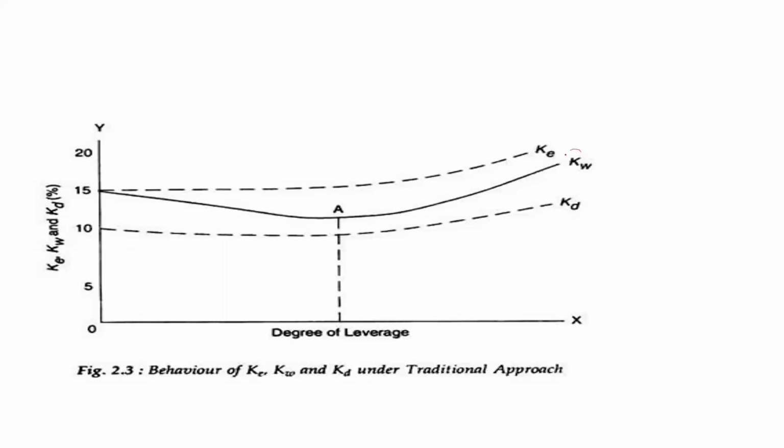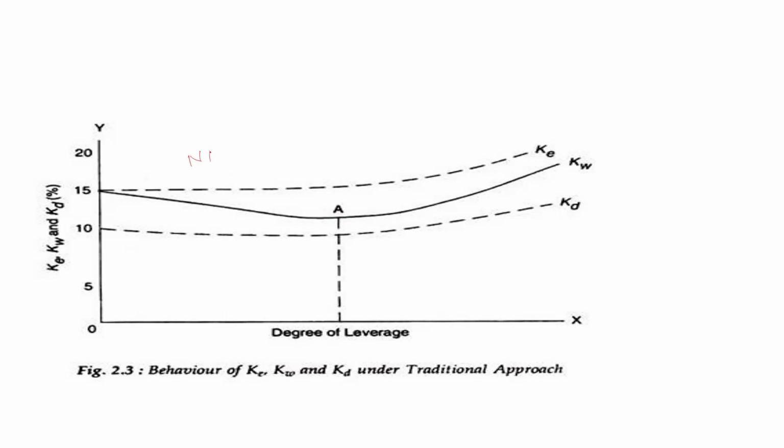So what shall happen with the overall cost of capital? It shall decline up to a certain point with the employment of debentures, and after that level it shall start rising.